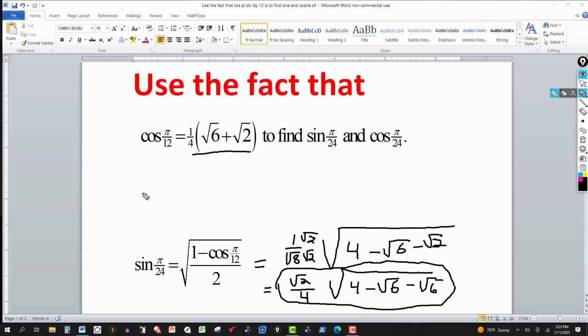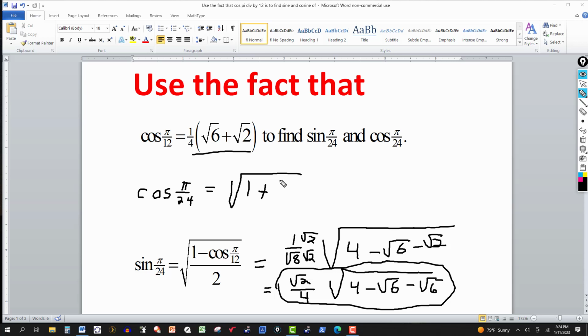Now for the second part, the cosine of pi over 24, pretty much the same problem. Again, first quadrant, so it's going to be positive, so I take the positive square root. The only difference is that this is a 1 plus cosine of pi over 12.